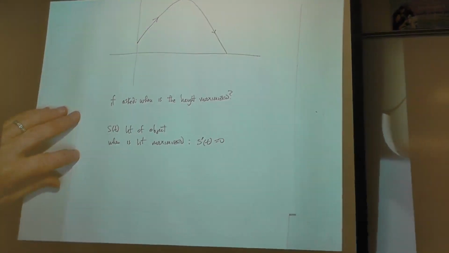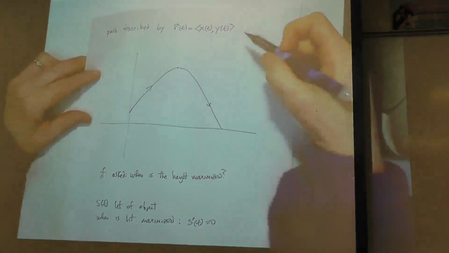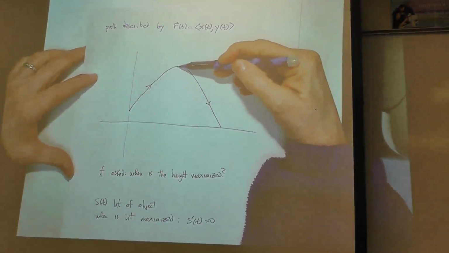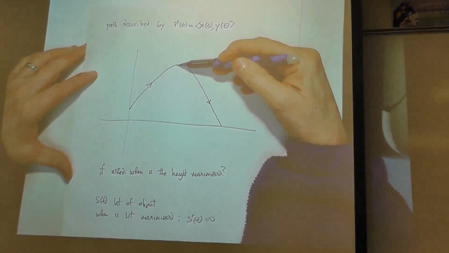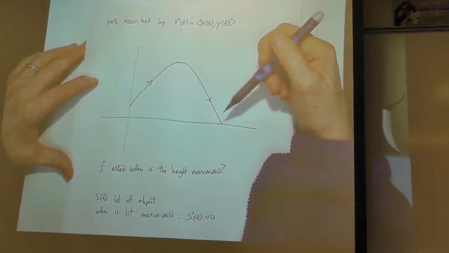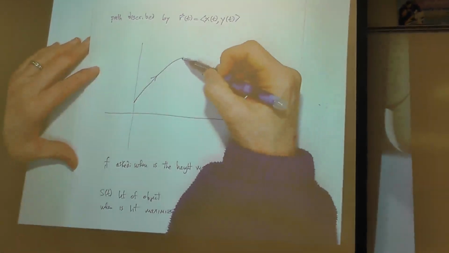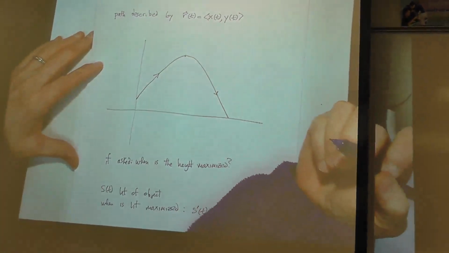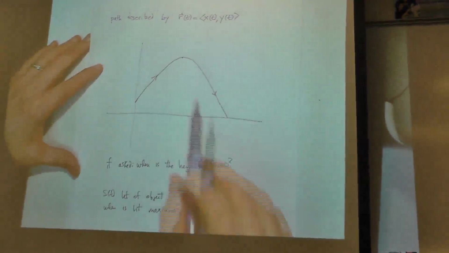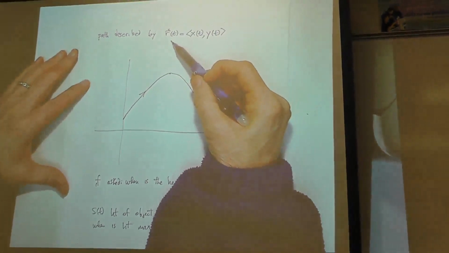But the problem here is that velocity at this point has got two parts to it. It's got a direction and a magnitude. So if I'm looking for when this is at a maximum, when the height is at a maximum, which part of R am I really looking at?